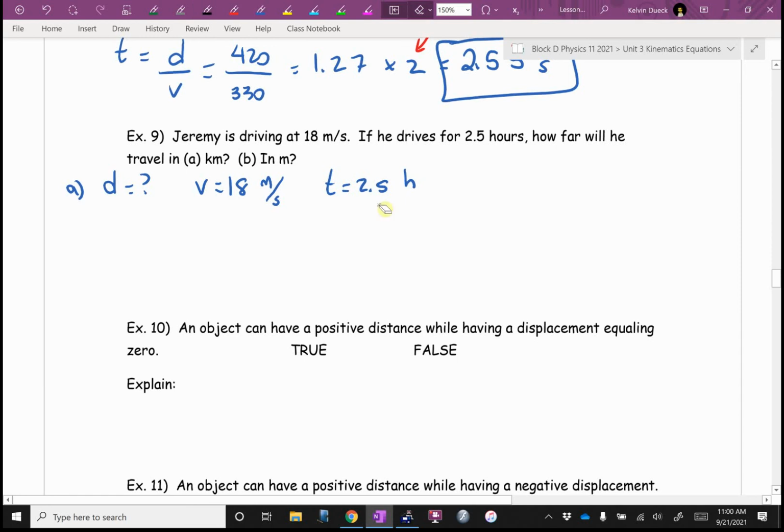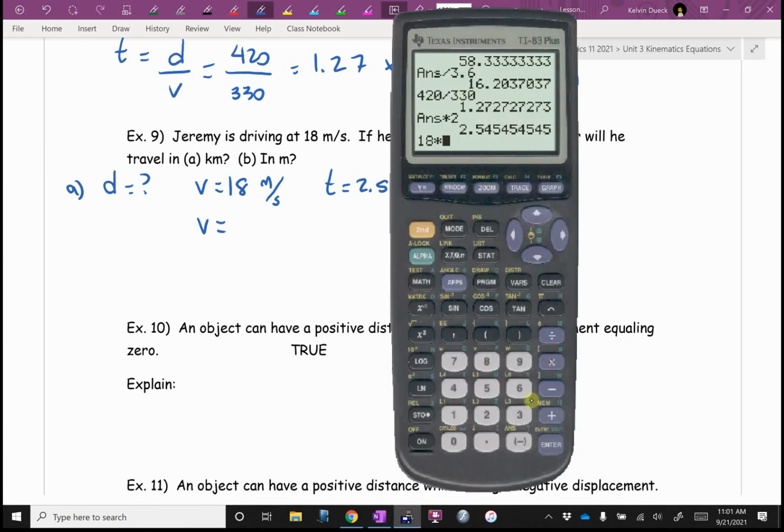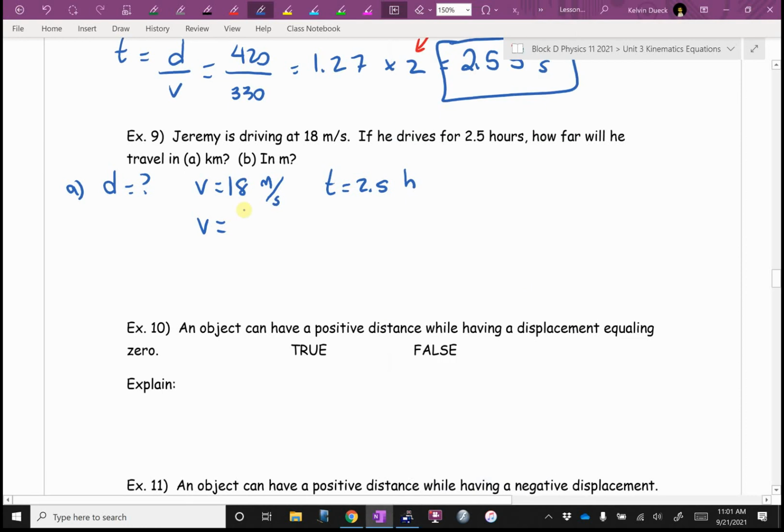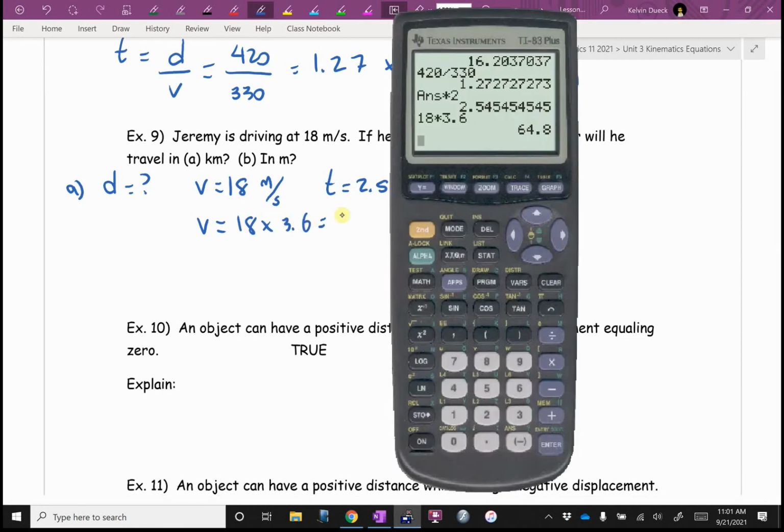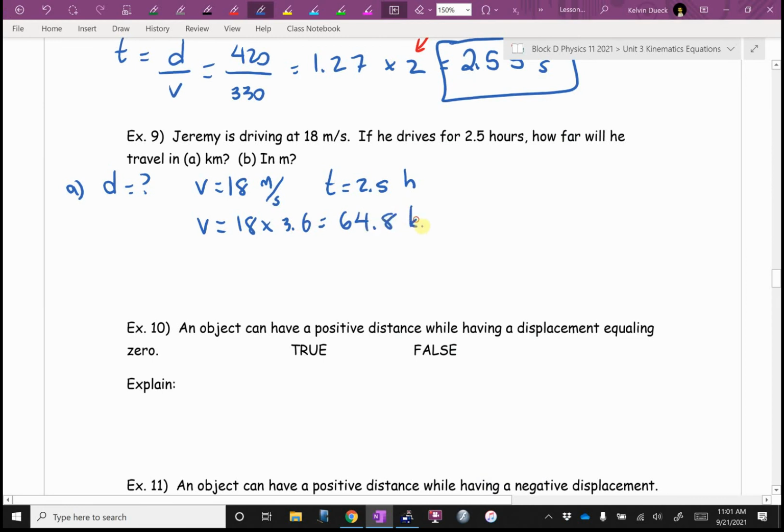I could change this one to seconds, get an answer in meters, and then change that to kilometers, but I'm lazy. So under V equals 18, I'm going to say V equals meters per second to kilometers per hour. It's something to do with the 3.6. Is it times? I'm going to go 18 times 3.6, and I get 64.8 kilometers per hour.